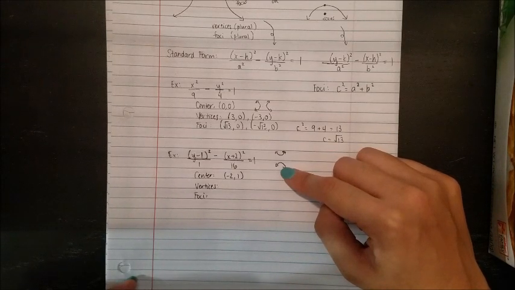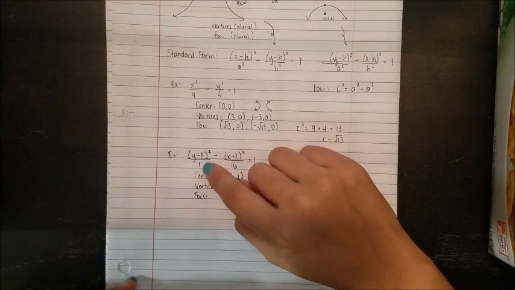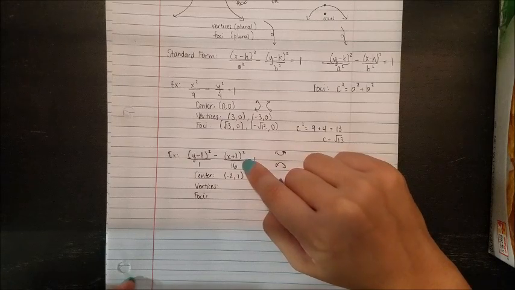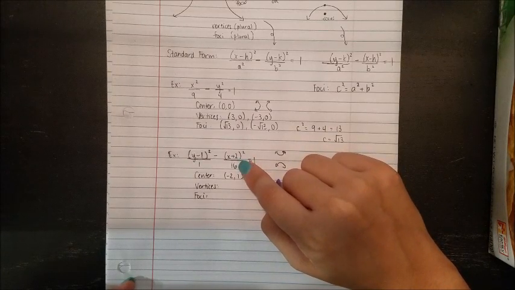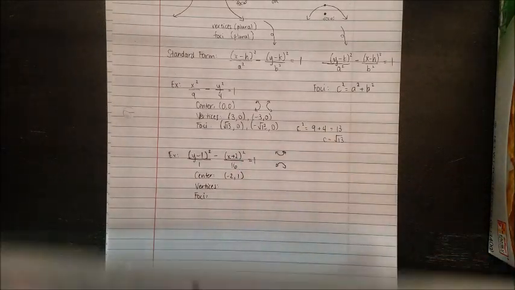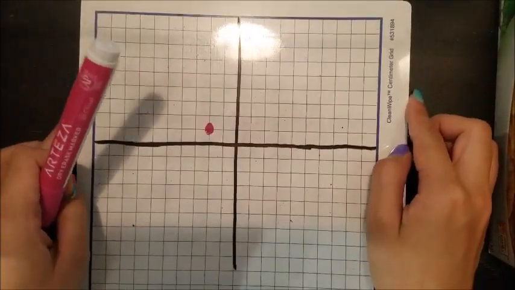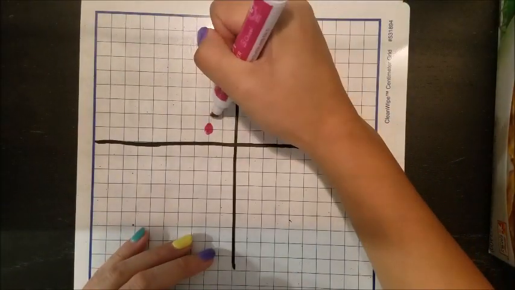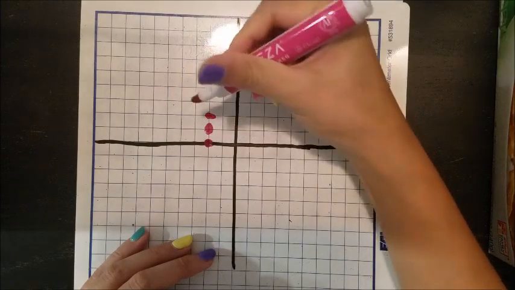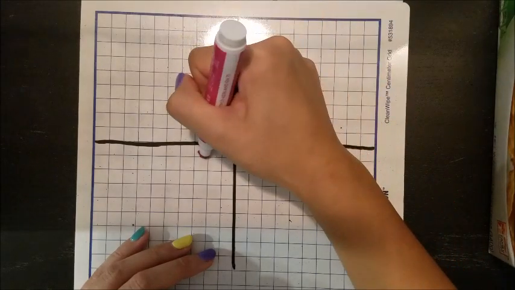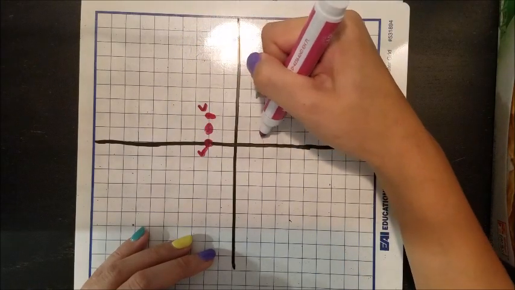Up and down is always under the y's, so that's here. We are moving 1 up, 1 down. And then, just so I don't have to flip back to this, this is going to be 4 left, 4 right. One up, 1 down, so these are my vertices. And then 4 left and 4 right.